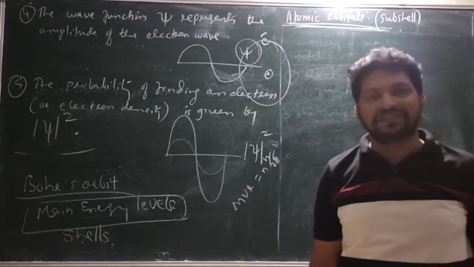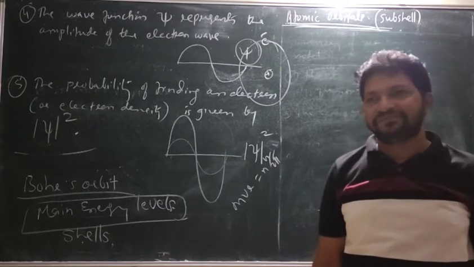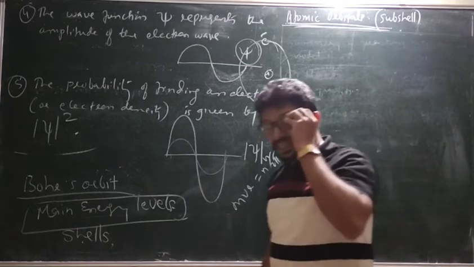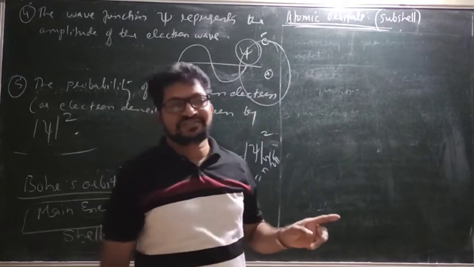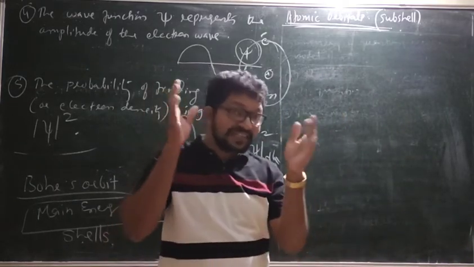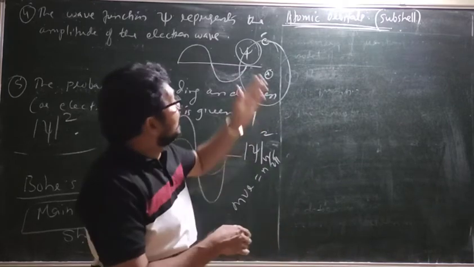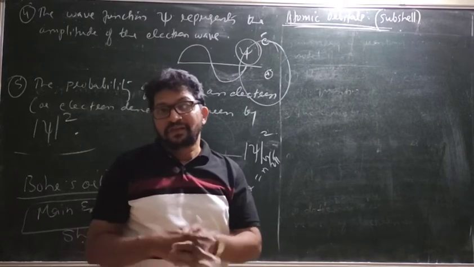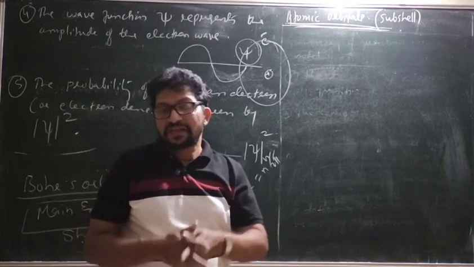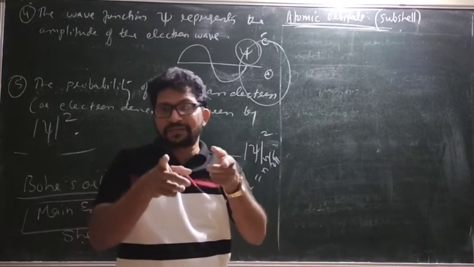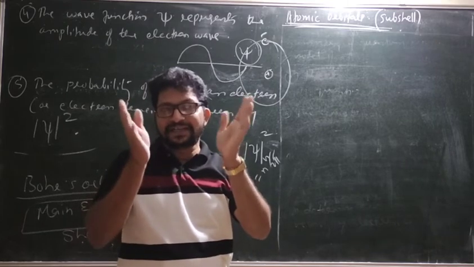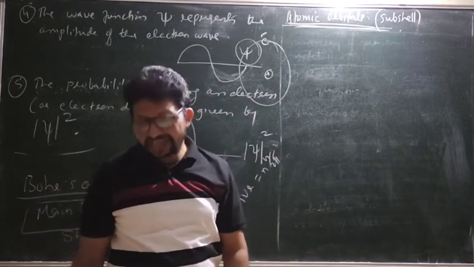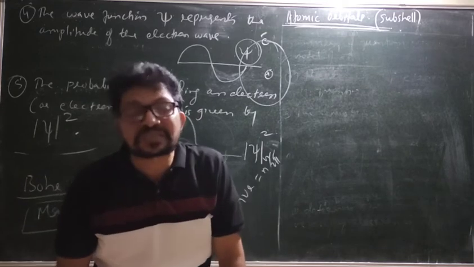What is an orbital or what is a subshell? See, the three-dimensional space around the nucleus of an atom, where there is maximum probability of finding an electron, is called an atomic orbital.